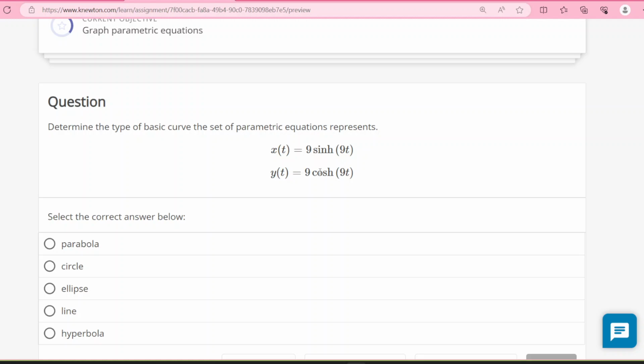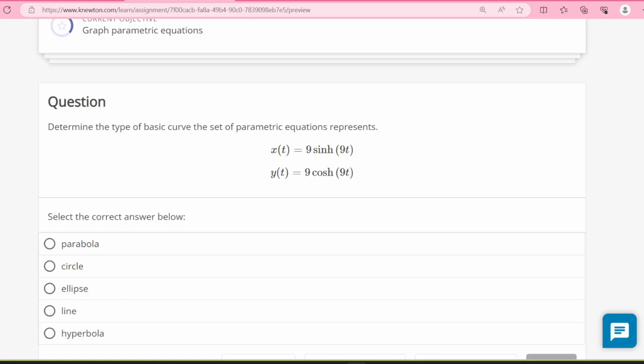So these curves, these functions, hyperbolic sine and hyperbolic cosine. If you go back to the section 6.3/6.4 videos I've made, there's, I think, 4 of them, one for each objective. I introduced you to these hyperbolic trigonometric functions.